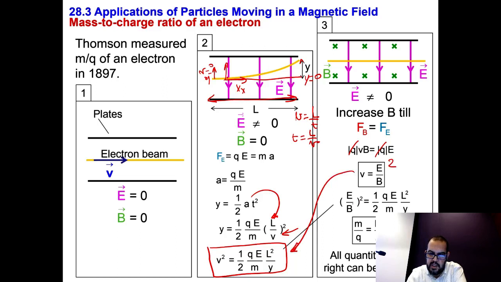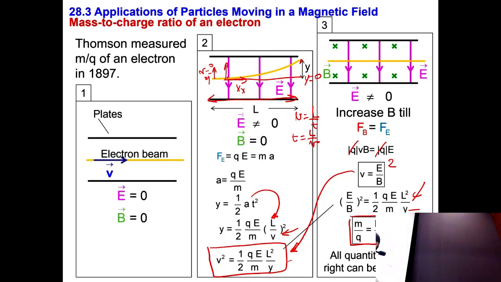E over B squared is equal to v squared, which is 1/2 (q/m) E times L squared divided by y. y you measure, because you can measure from the middle of the screen to the top of deflection, and you can rearrange the terms of this equation and determine the mass over the charge. So Thomson was basically the first one to measure the mass over the charge of an electron.